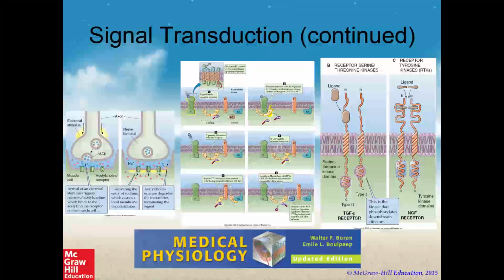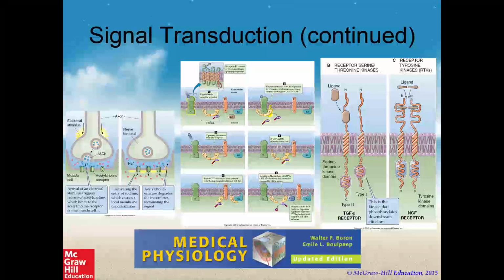And then receptor enzymes. The ligand binds to the receptor on the extracellular surface of the cell. That causes the protein traveling through the membrane to change conformation. It'll somehow twist or move such that these enzymes that are associated with the cytoplasmic tail of the receptor become activated.